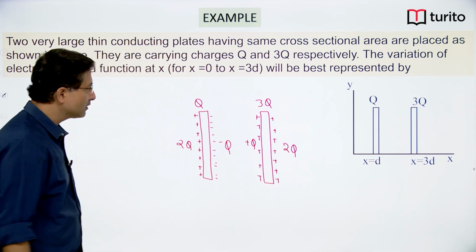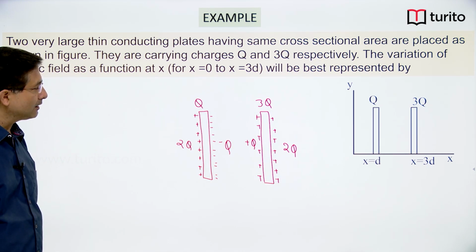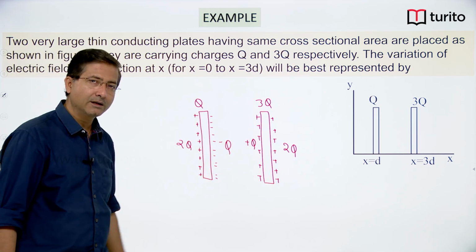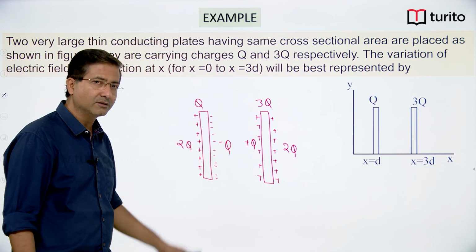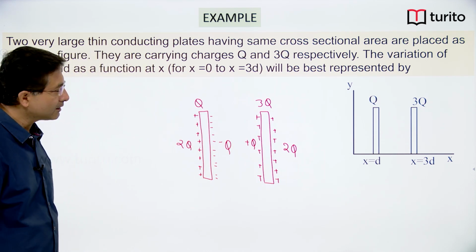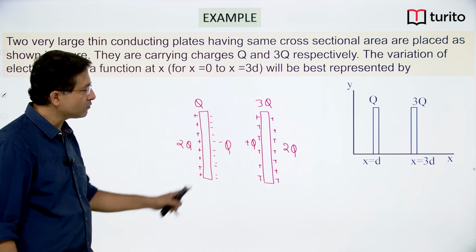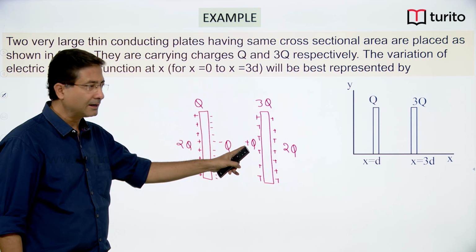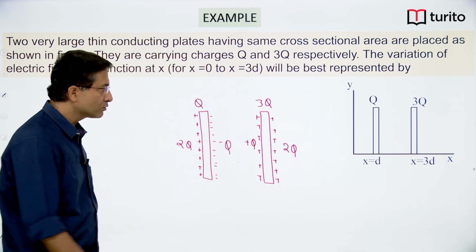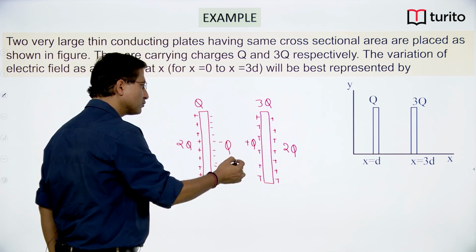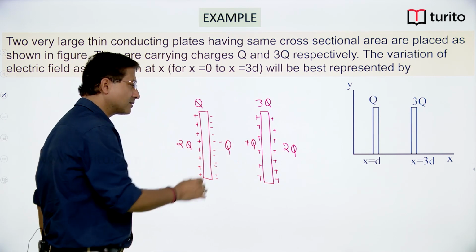So, this is the way charge will be distributed once given to the plates, and using this I can draw the electric field pattern, and I can also talk about the magnitude of the field in the different regions. As I told you in conductors, the field here depends only on these two charges, and the effect of the outer surface charges will get cancelled at this particular point. So, this 2q will produce field in this direction and this 2q will produce field in this direction, and they will cancel.